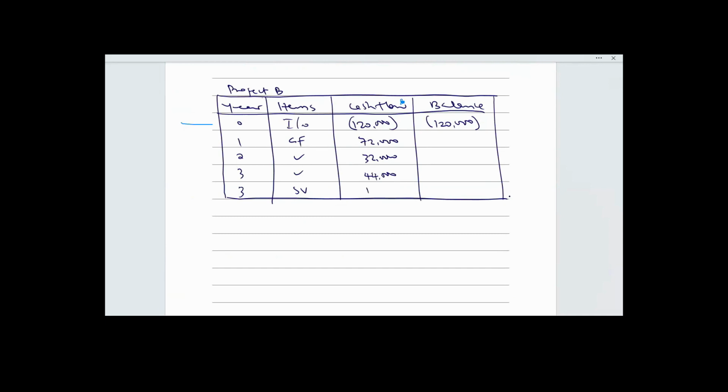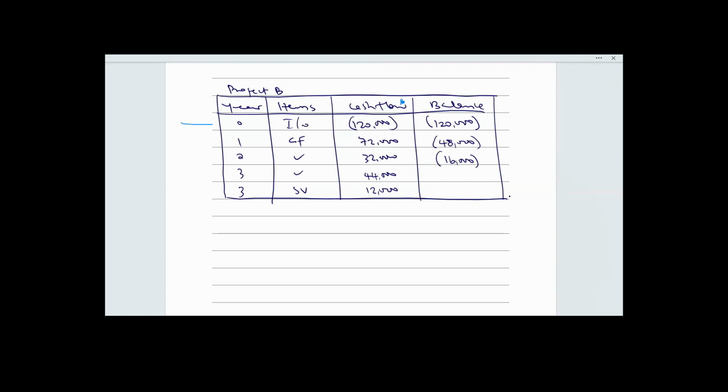Then we have a scrap value of 12,000. Therefore, 120,000 minus 72 will give us 48,000. So there is a 48 balance at the end of year one. Minus 32 will give us 16,000. So at the end of year two, we have 16,000 naira outstanding.